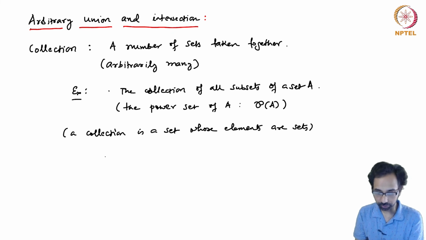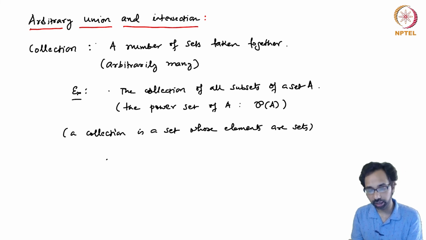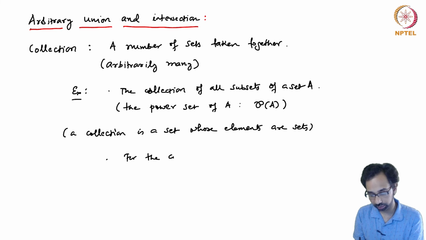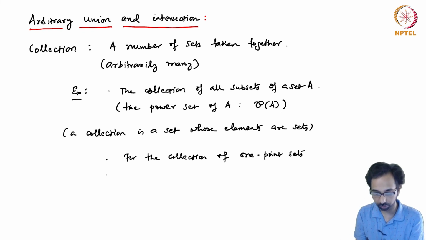Okay, and this arbitrarily many term can be used, for example, for the collection of 1-point sets formed from the set of real numbers.